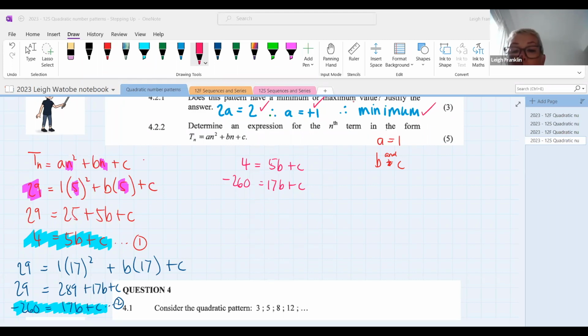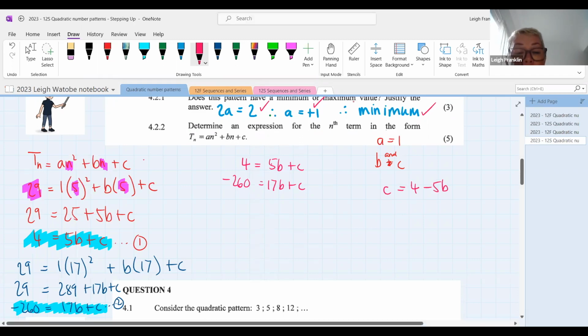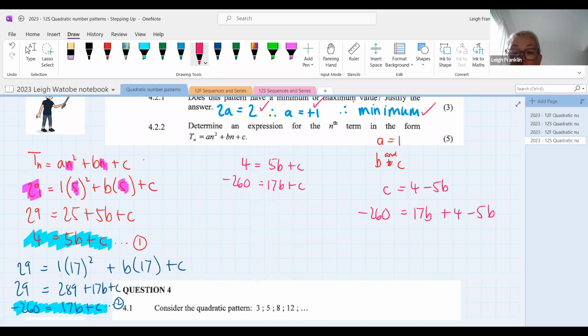If you did that, I'd probably work with the first equation and make C equal to 4 minus 5b. You can then sub into minus 260 equals 17b plus 4 minus 5b, and you can solve for b that way. Or you can solve by elimination.